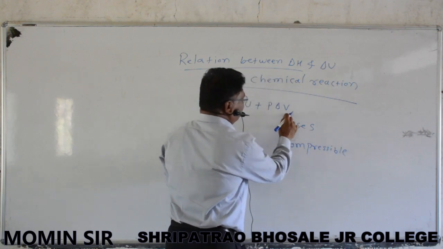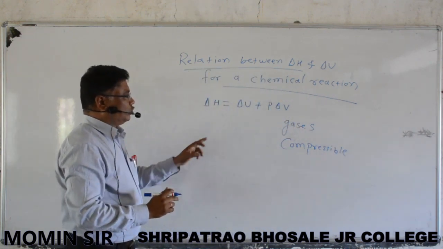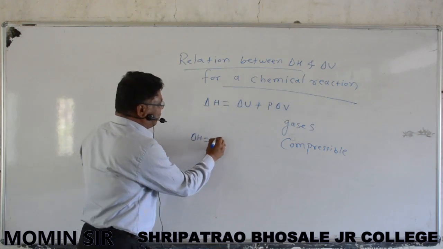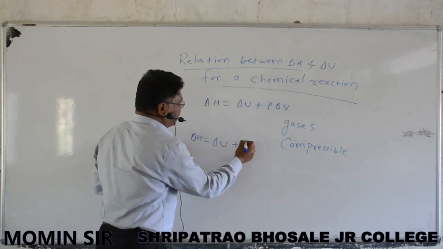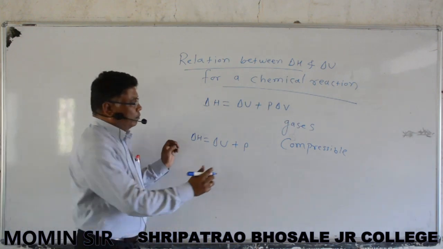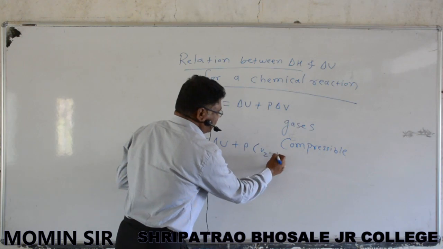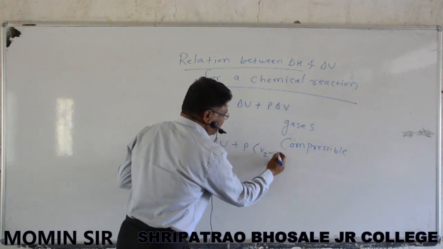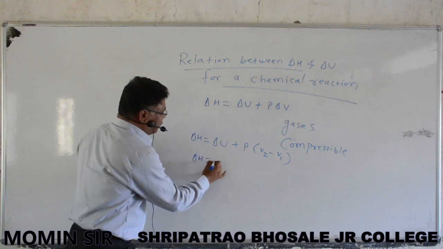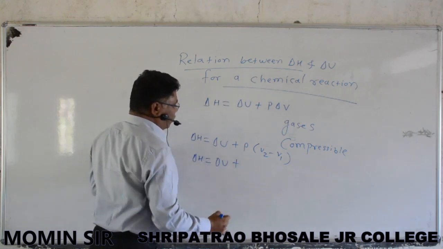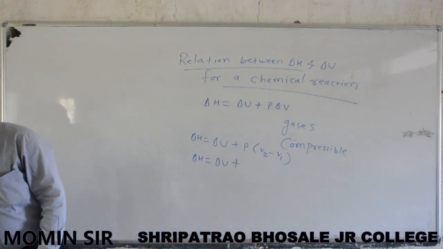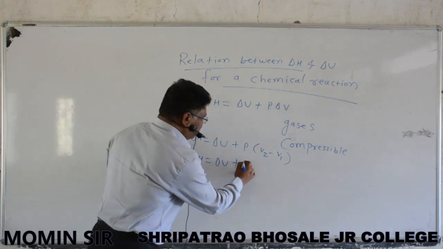Then change in volume cannot be neglected. So this equation becomes delta H is equal to delta U plus P into delta V, that means P into (V2 minus V1). So delta H is equal to delta U plus PV2 minus PV1.